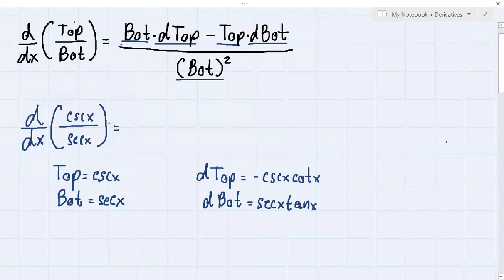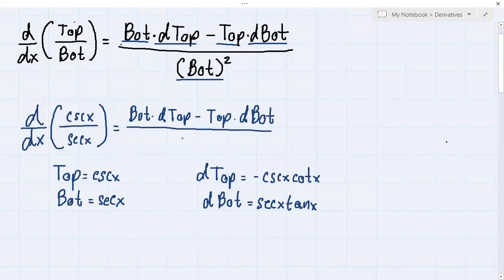Okay na. Now, let's try to substitute it in this formula. So, bot d top minus top d bot. Ayan. All over the square of bottom, or bot squared.